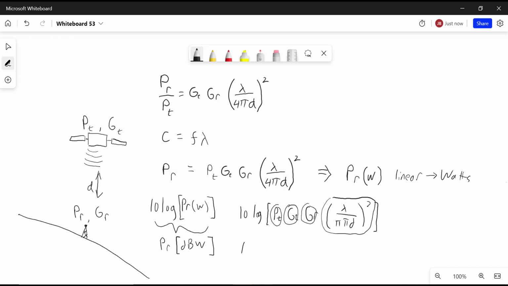Which means I'm going to reduce this down to basically 10 log of PT, plus 10 log of GT, plus 10 log of GR, plus 10 log of my final bracket, lambda over 4 pi d, and that's squared.